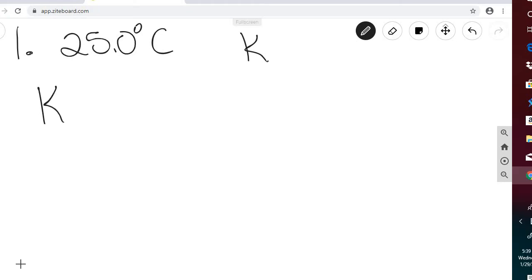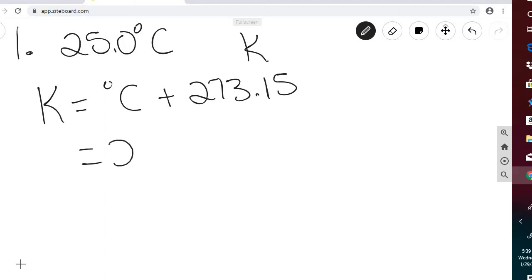Okay, so number 1 says convert 25.0 degrees C to Kelvin. Okay, so Kelvin is equal to degrees C plus 273.15. So it's just going to be 25.0 plus 273.15.